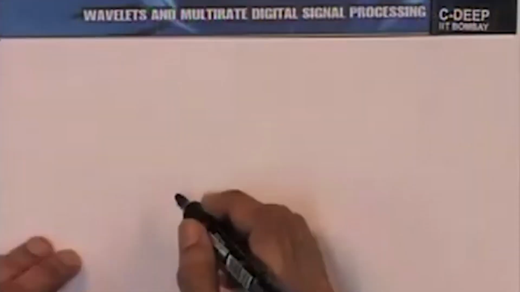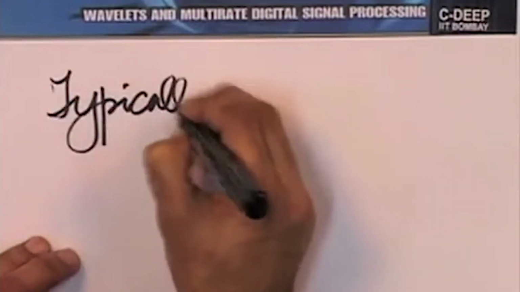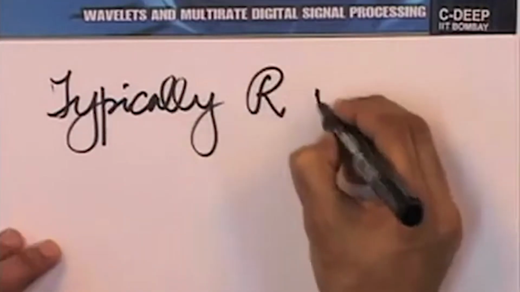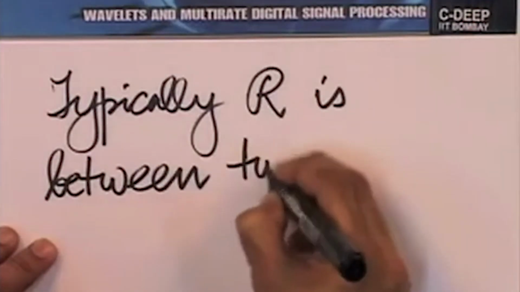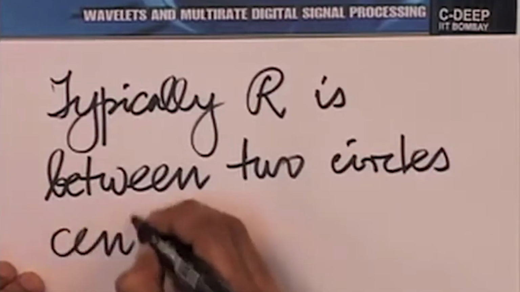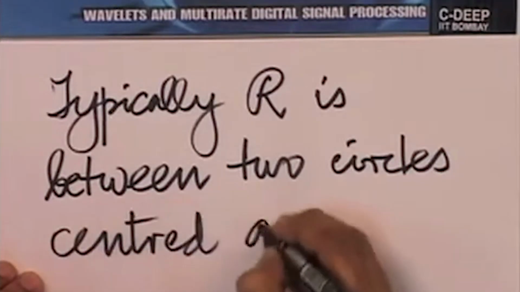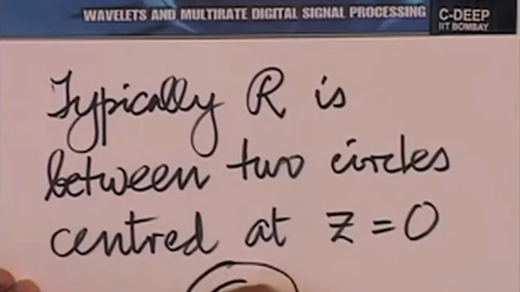So, let me say a little bit about the regions of convergence of a typical Z transform. Typically, R has the following patterns. R is between two circles centered at the origin. So, it has an appearance something like this, and both of these are centered at the origin.